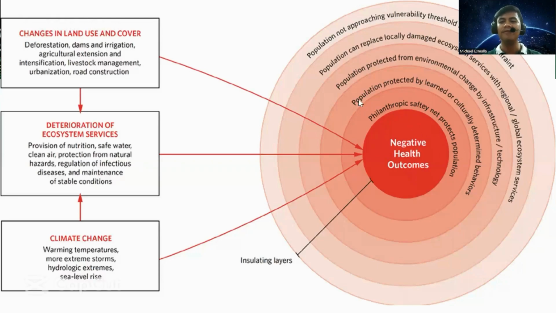Next is population protected by learned or culturally determined behaviors. So this second layer pertains to the different cultures that we learn in order to combat negative health outcomes. One of the most common is washing of hands, right? Before, we did not wash our hands, and diseases were transmitted.